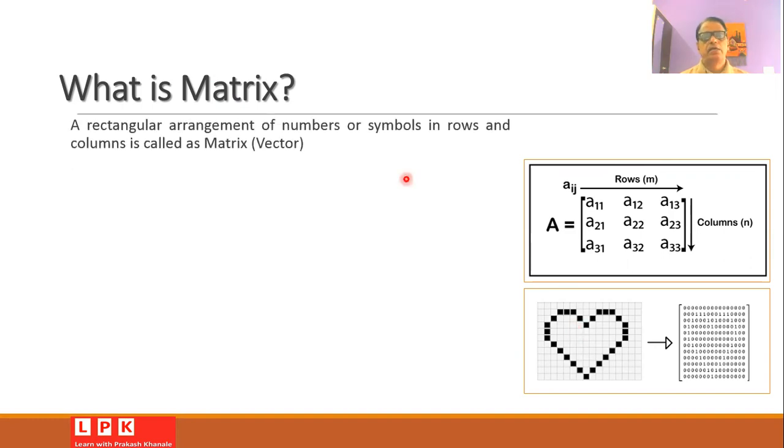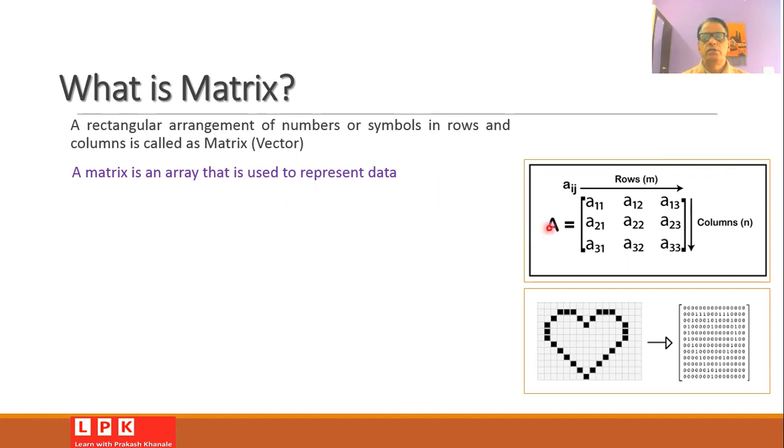A matrix is a rectangular arrangement of numbers or symbols, which consists of a number of rows and a number of columns. A matrix can also be called a vector. A matrix is an array, and this array is used to represent data.